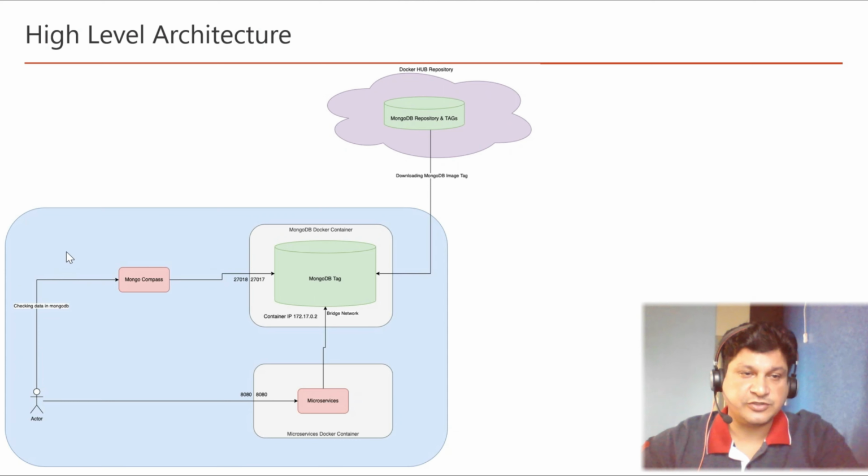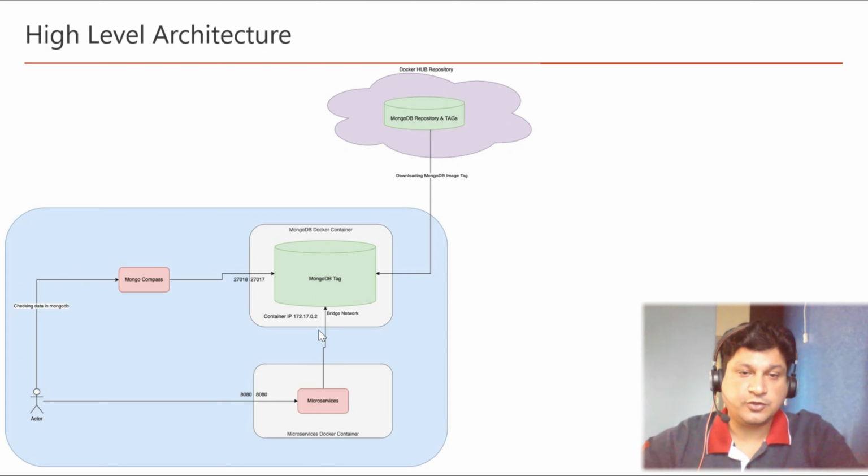All of that we'll do as a user. Once MongoDB is ready, we'll do our microservice deployment into a Docker container. I'll show you how to create a Docker image for our microservices and how to deploy and run that image in a Docker container. Right, friends?